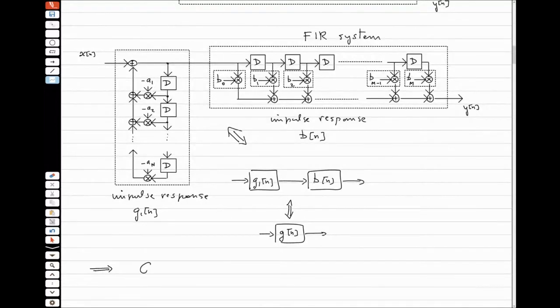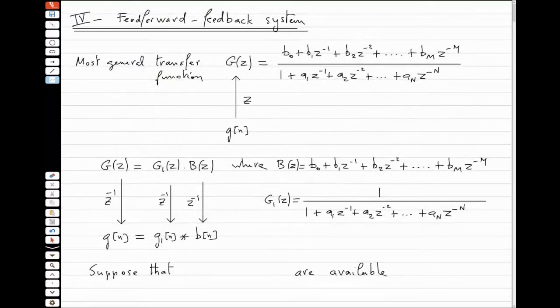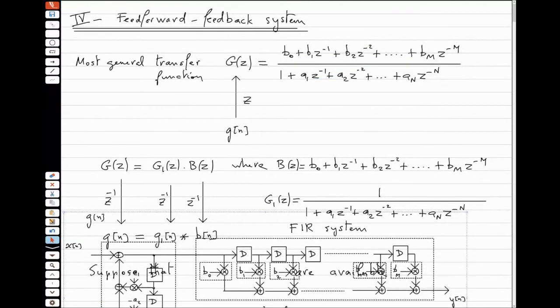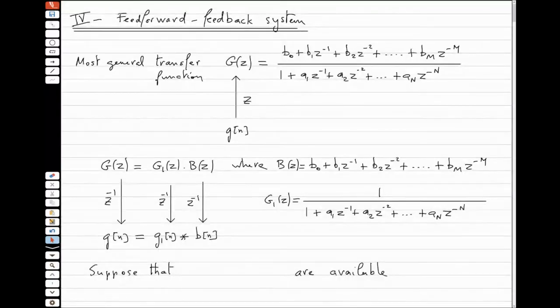transfer function G of z equals, so now this is the complete transfer function. Oops, I made a mistake here. Wrong button. Sorry, there's a delay. Let me save when there's too much delay, that means it might be about to crash.